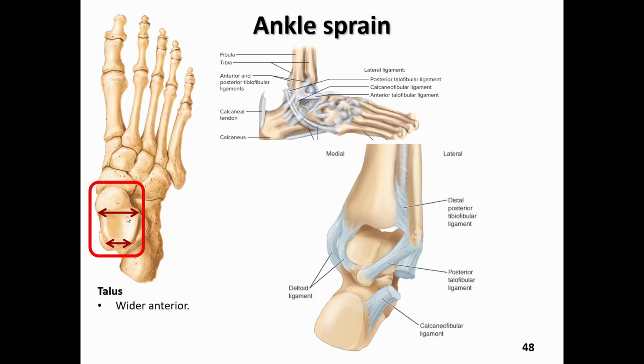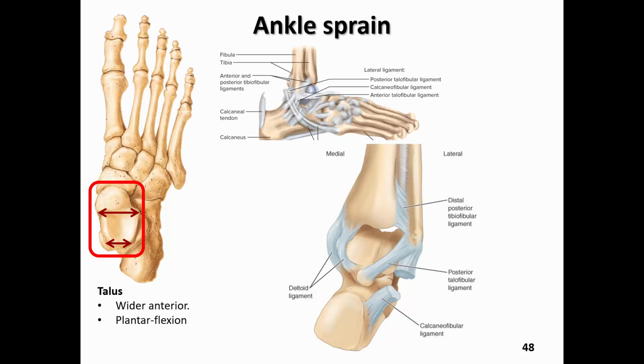That has unique implications, because when the foot moves into plantar flexion, the narrower posterior part rotates and sits inside the joint formed between the talus and the distal tibia.